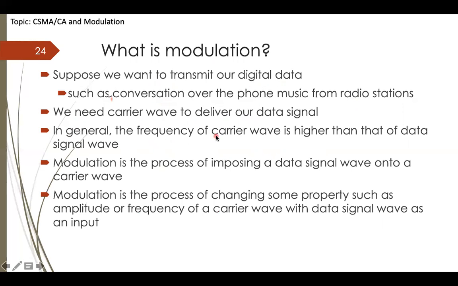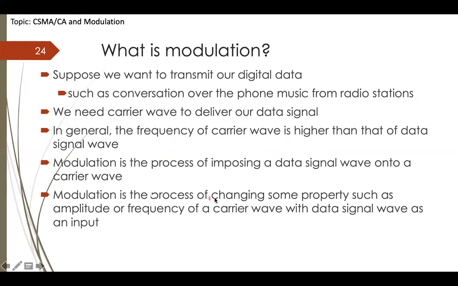In general, the frequency of a carrier wave is higher than that of a data signal wave. Modulation is the process of imposing our data signal wave onto a carrier wave. So we will be imposing our data signal on a carrier wave. A carrier wave means that this wave will be carrying our data to the destination.